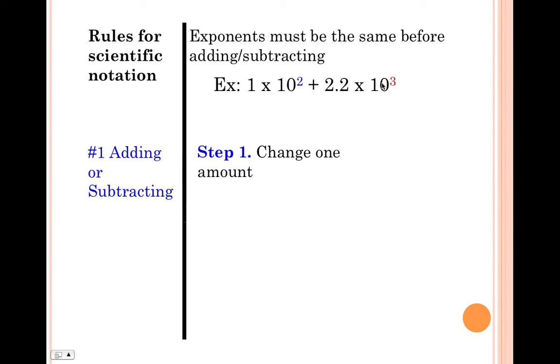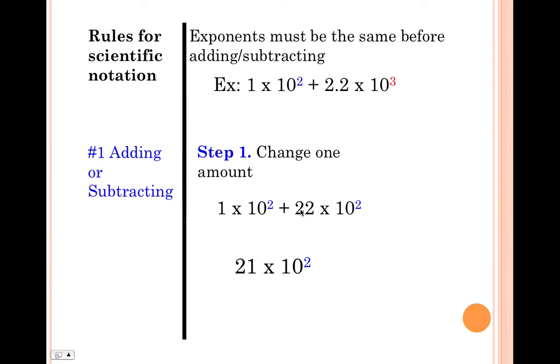So in order to make the 10 to the 3 into 10 to the 2 power, all we need to do is move the decimal point over to the right. And when we move that over to the right, the exponent is going to go down. So if we move it over to the right only one space, we can make the 10 to the 3 into 10 to the 2. So now we have 1 times 10 to the 2, which is the same, plus we move the decimal point over once, so that's 22 times 10 to the 2.